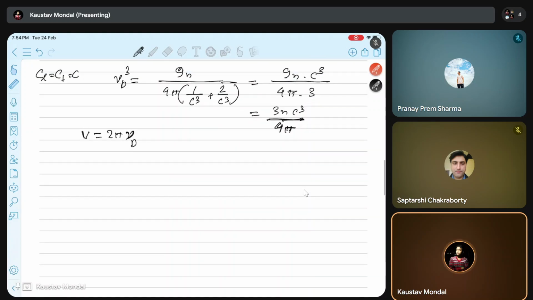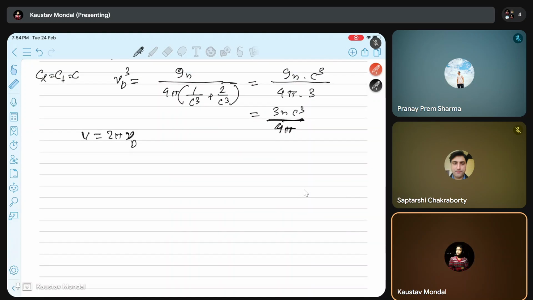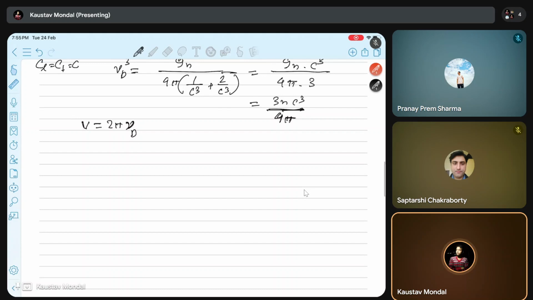So now from here, angular frequency is related. Okay. So now from here you can write omega d cube as 2 pi nu d cube.